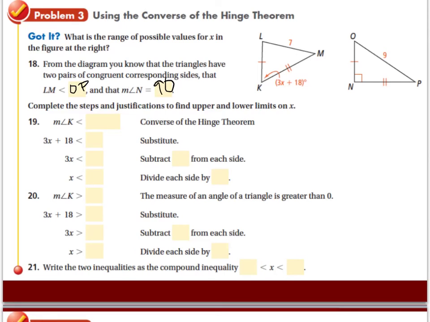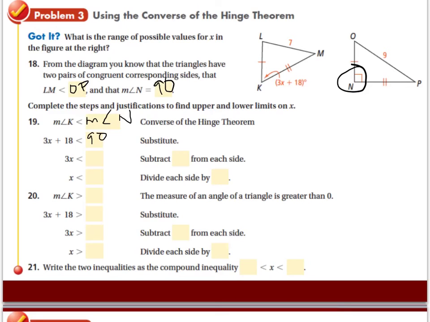Now the measure of angle K is less than the measure of angle N. So 3x plus 18 is less than 90.